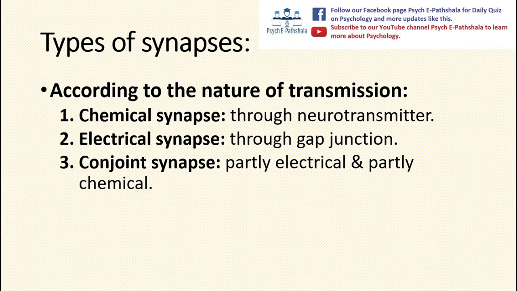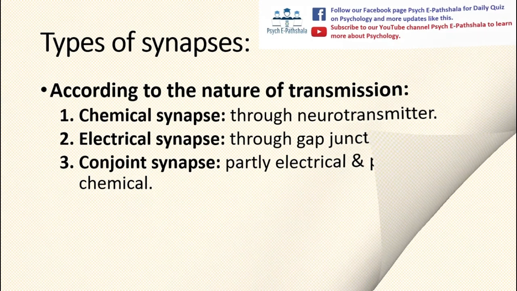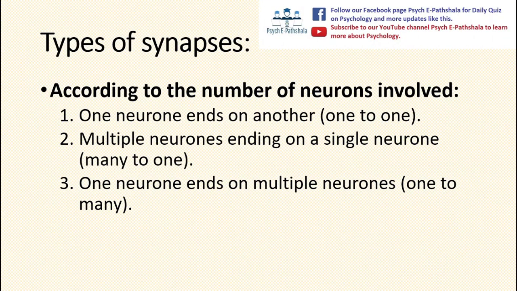Number 3 is conjoint synapse, where the transmission is partly electrical and partly chemical. Based on the number of neurons involved, the synapse can be of three types: where one neuron ends on another one, where multiple neurons end on a single neuron, and where one neuron ends on multiple neurons.